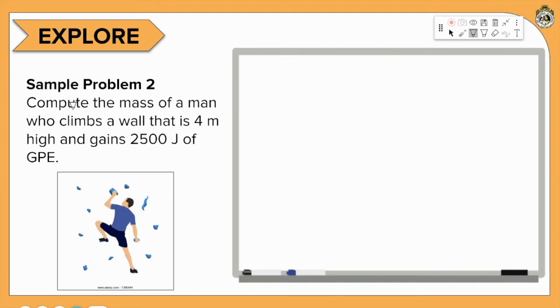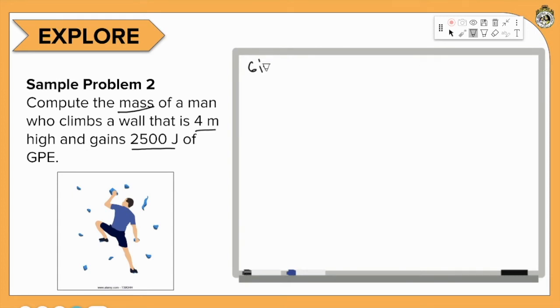We know right away that we're supposed to compute for the mass of this man, who climbs a wall that is 4 meters high. So 4 meters is the height, and he gains 2,500 joules of gravitational potential energy. That's energy, and we can also guess that from the unit itself, right?